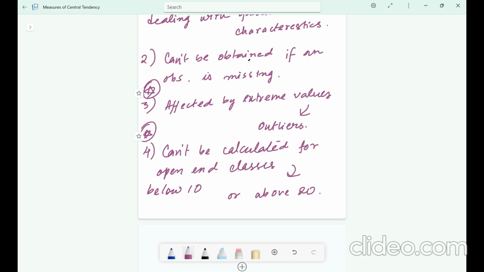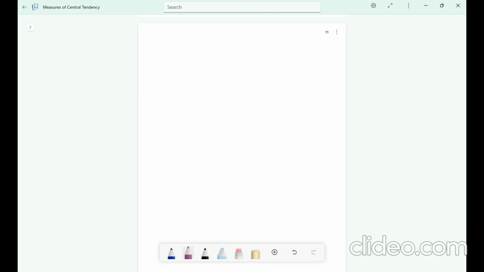If you want to solve a few questions, I can give you a few questions. Let's do a few questions, okay? The first question. There are two branches of a company employing 100 and 80 persons respectively.